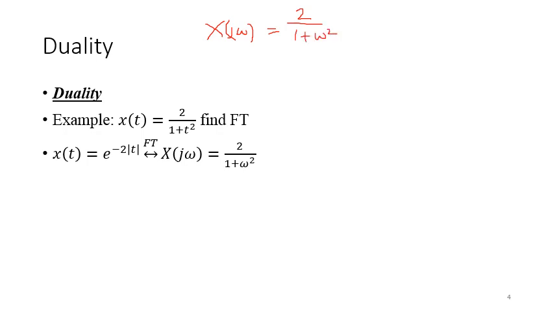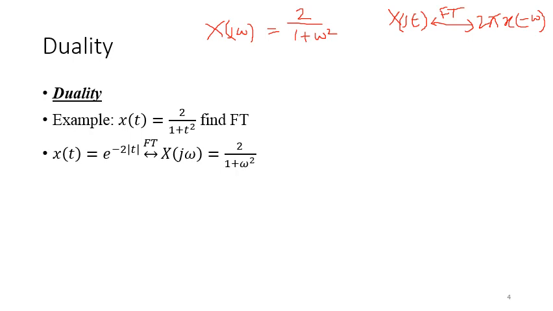The first step we did, if you recall, was x of jt, and its Fourier transform was equal to, if you see the previous slide, basically 2 pi x, and you replace t by minus omega. So this is the duality.